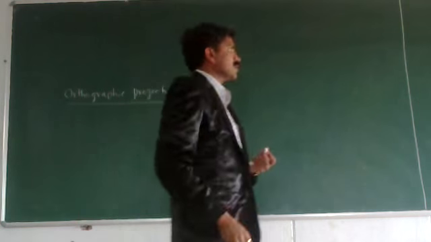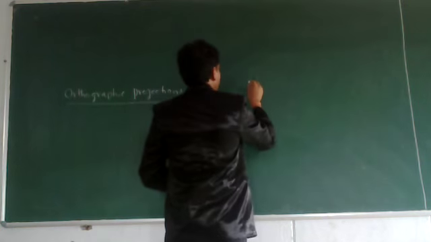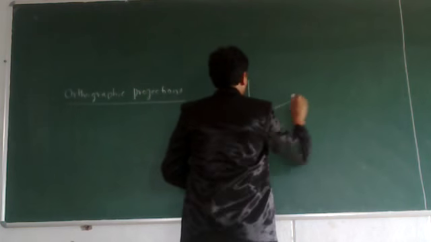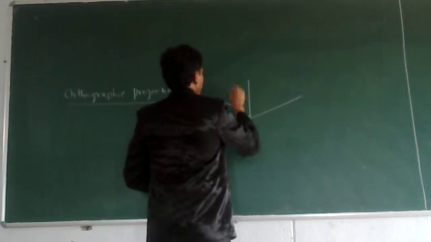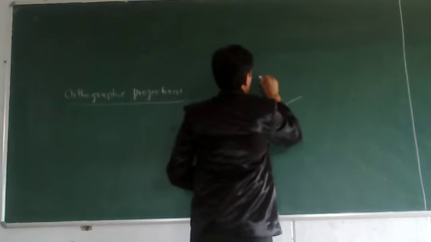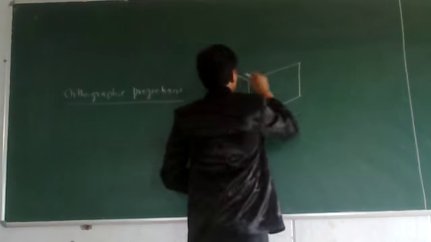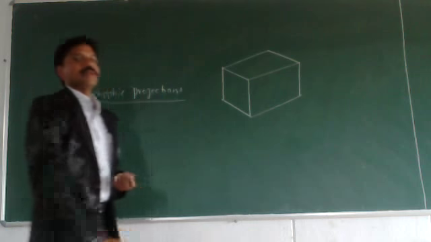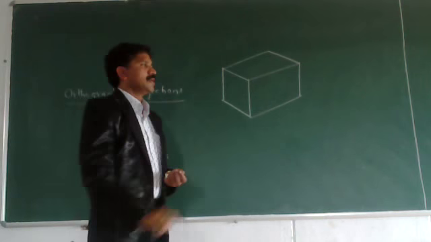Okay, right. So here, for example, see this one. This is the object. It is a three-dimensional object.